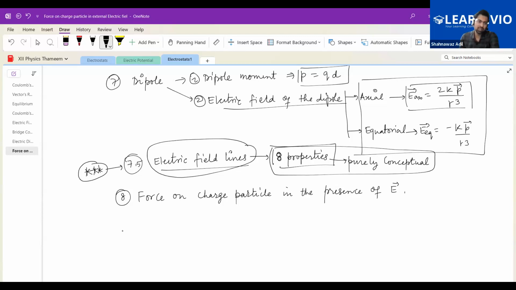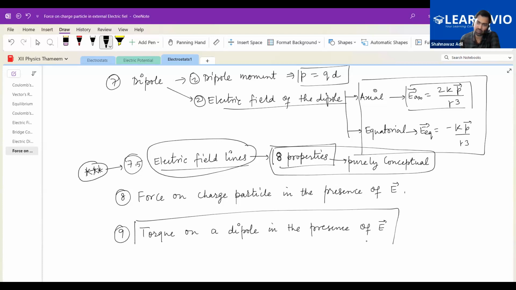So the next topic that we would be doing is the torque on a dipole in the presence of an electric field. So this is the topic that we will be covering now, right?